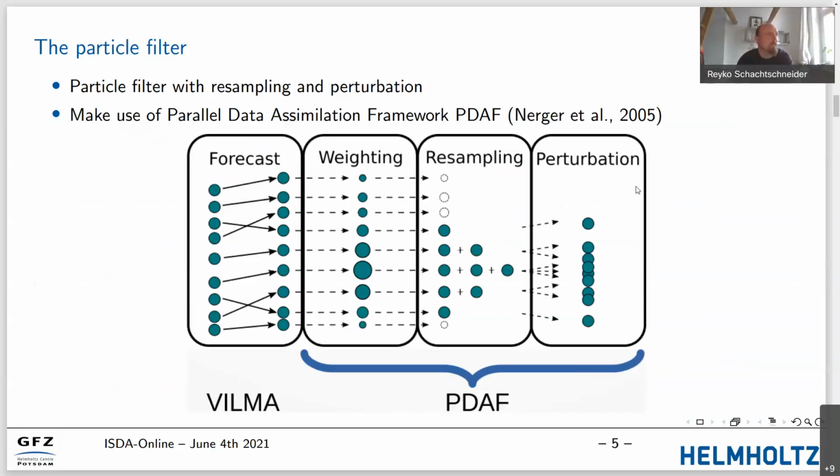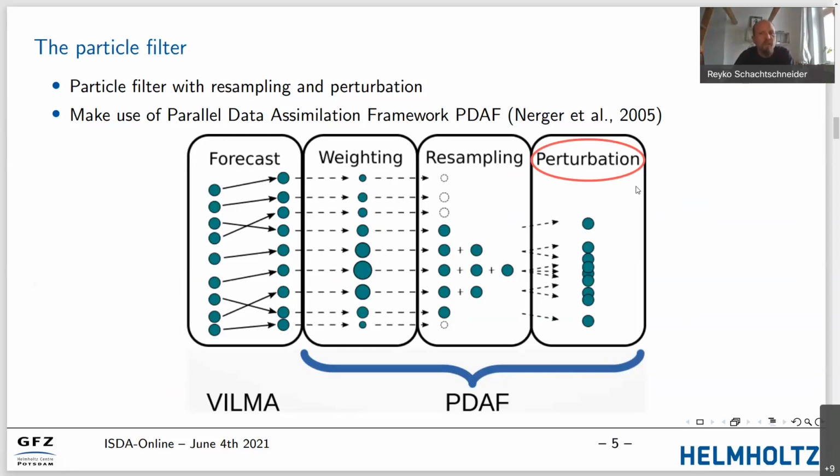For the particle filter, we use the PDAF. So there are 4 steps in the particle filter: a forecast, then a weighting of the particles, a resampling, and a perturbation. For the forecast, we use the numerical code VILMA, and the weighting, resampling, and perturbation is performed on the basis of PDAF by Lars Nerger.